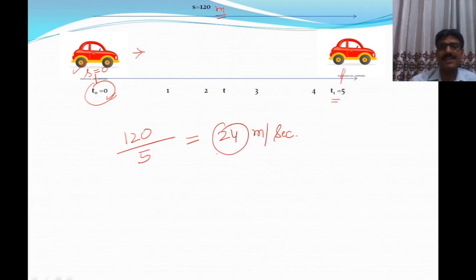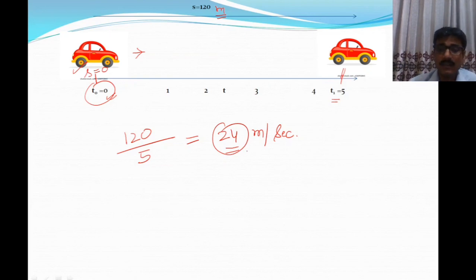But the loose point in this explanation is that we are assuming that the car is moving with a uniform speed. Actually, in real life situations it may or may not be, but we have assumed here that the car is moving with uniform speed.